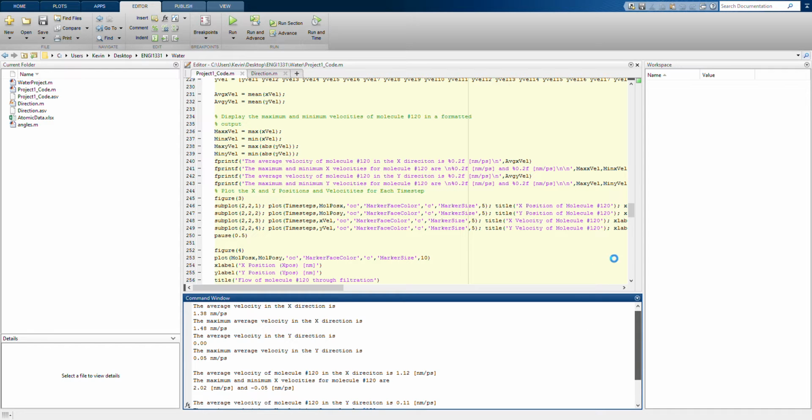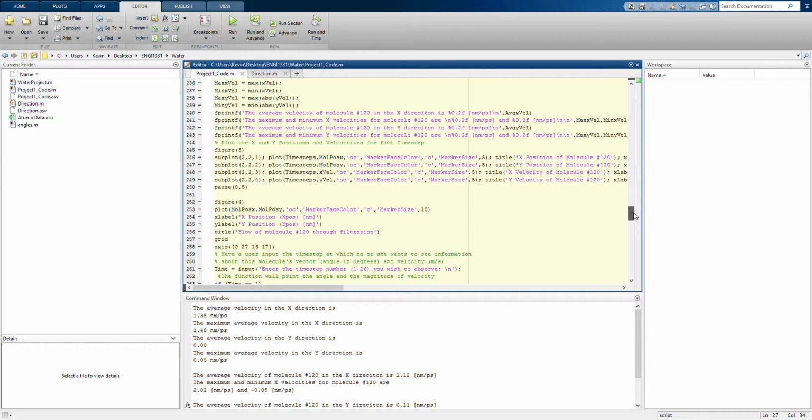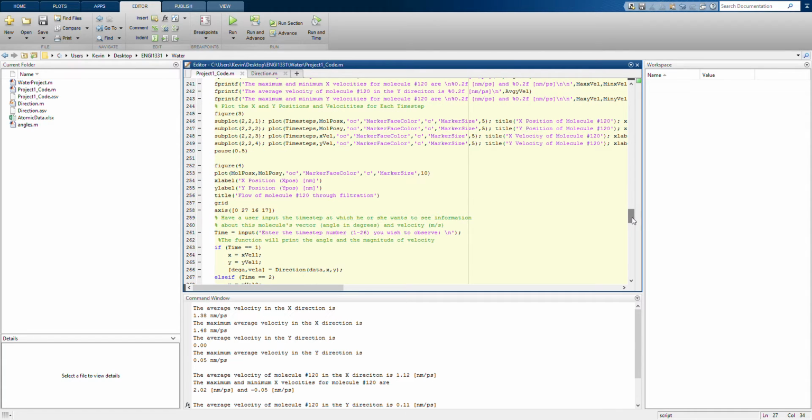So we used the max function to find the maximum average velocity in the x direction and the maximum average velocity in the y direction. And then we also used the mean function to find the actual average velocity in the x and y direction, so that we could find the correlation between the points and their given data.